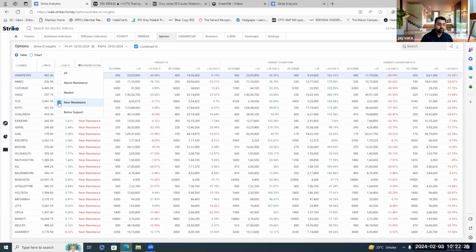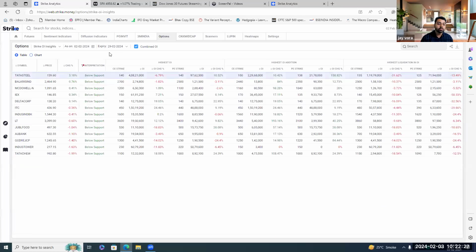Okay. The next one is below support. Now similarly, the way call strike options work as resistance levels, there are put strike options. So let us understand from the put perspective as well. Okay. What is the put buyer expecting? That the prices will go down, right?